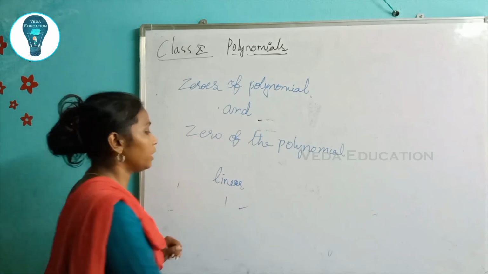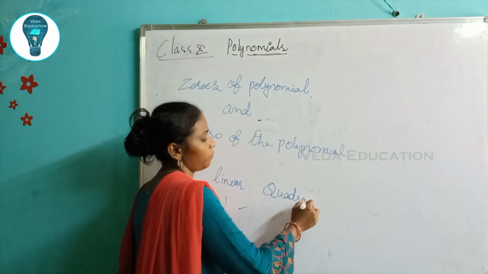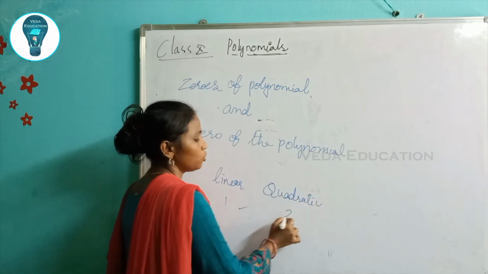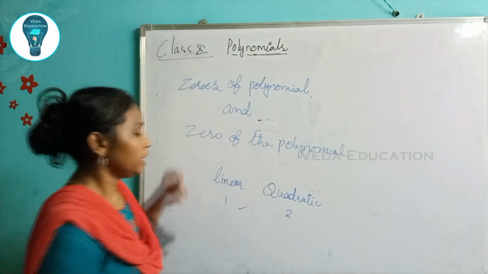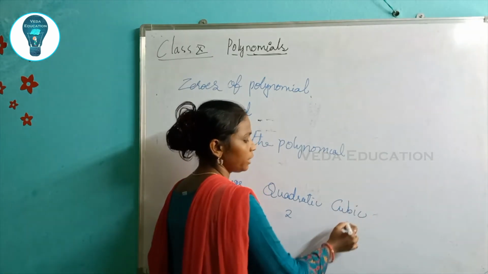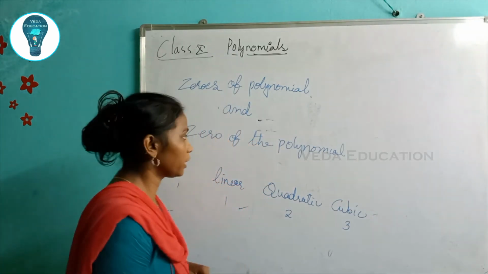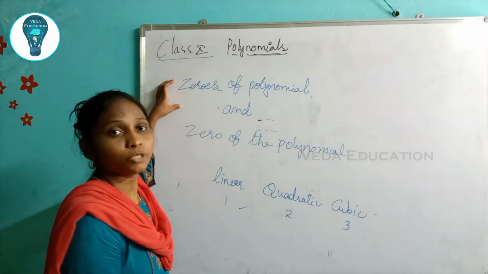Okay, and quadratic. What is the degree of this polynomial? 2. So how many zeros can you get? 2 zeros you can get. Next, cubic, 3 degree. So how many zeros can you get? 3 zeros you can get. Based on degree, we will consider the zeros.